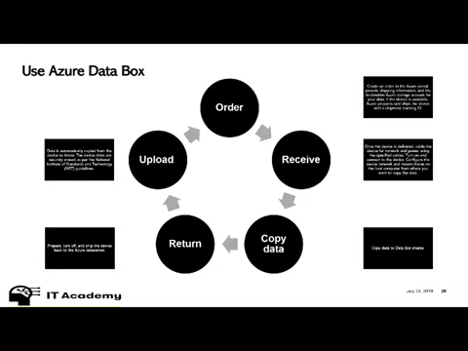During the receive phase, we configure and prepare the device to get the data put onto it. During the copy data phase, the information is written to the drive. In the return phase, the device is shipped either to Azure or from Azure to our environment. And then finally, the upload phase considers the data being copied from the drive to whatever final destination we want that information to live on.